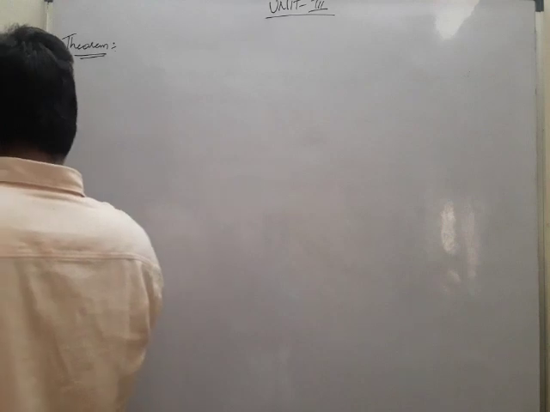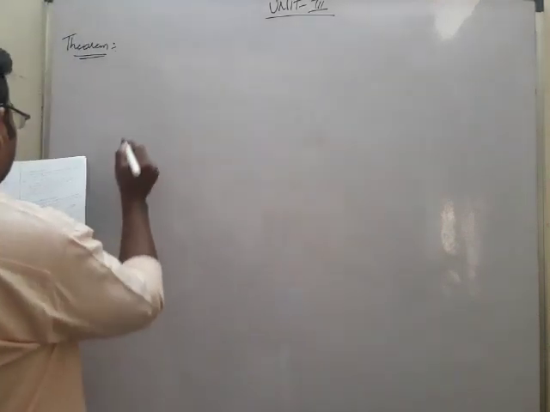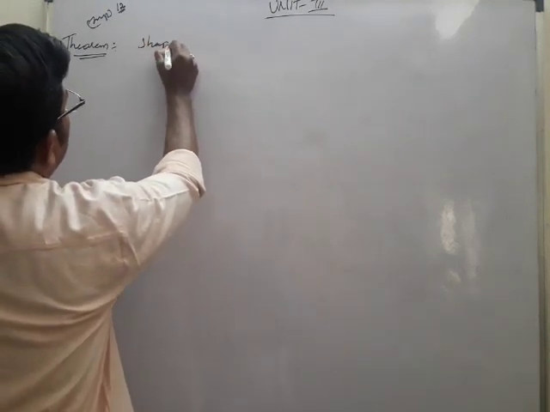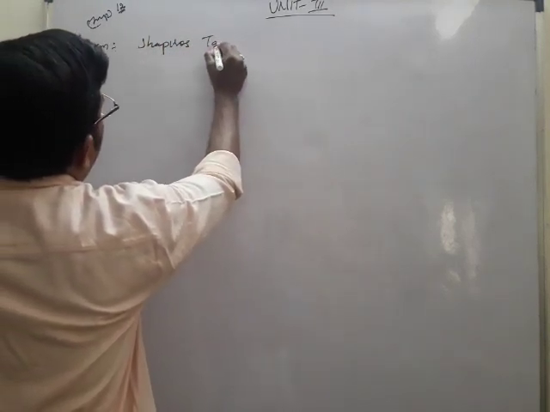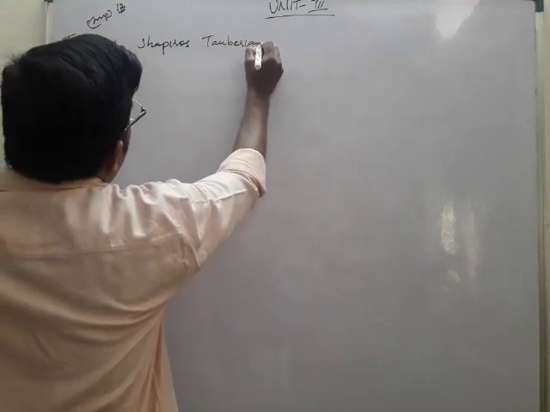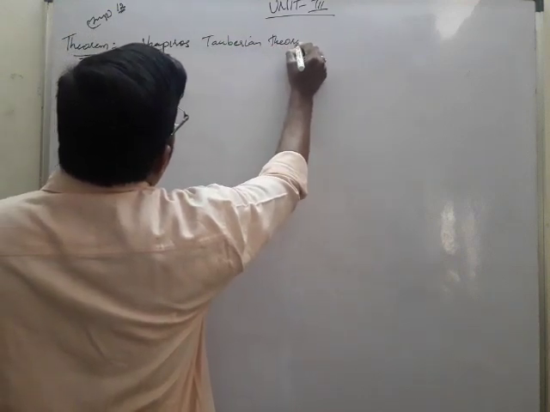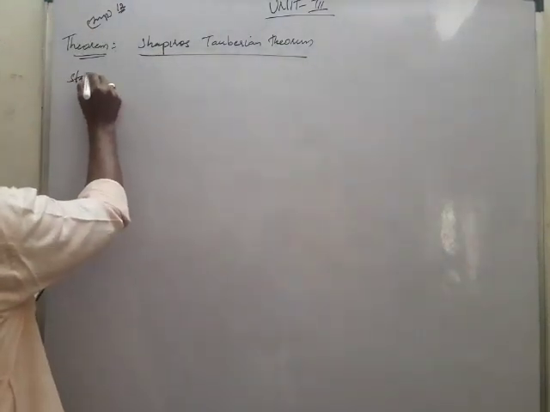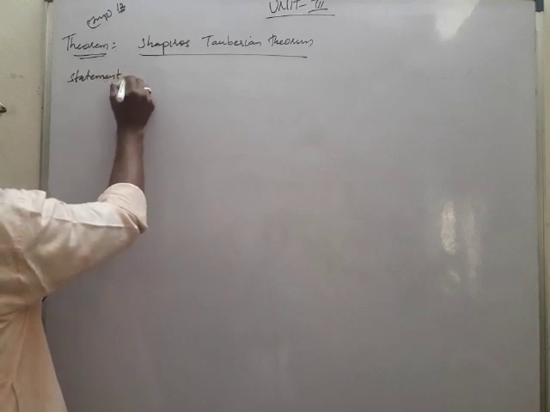Shapiro's theorem says that there are three things, A, B and C, given. Now we'll find out the values of A, B, C. This is very important for 12 marks. The theorem name is Shapiro's Tauberian theorem. Now what is the statement given?